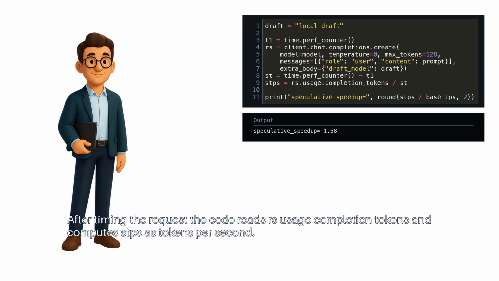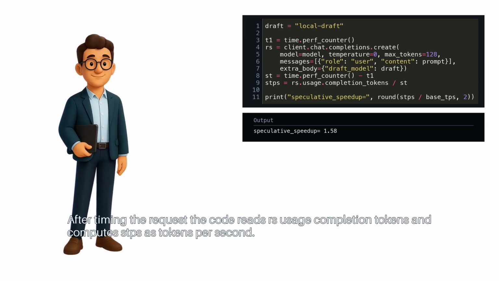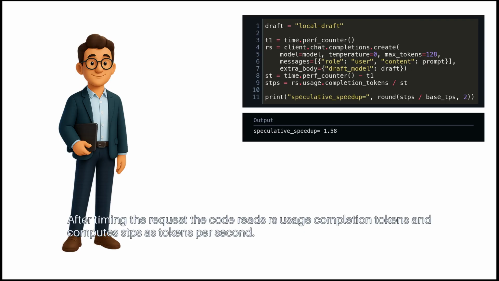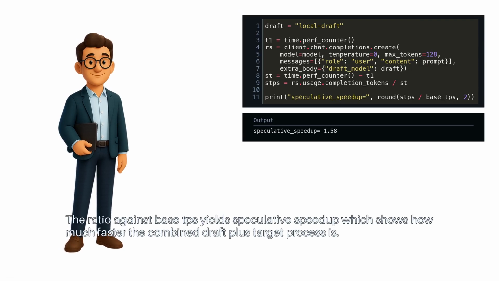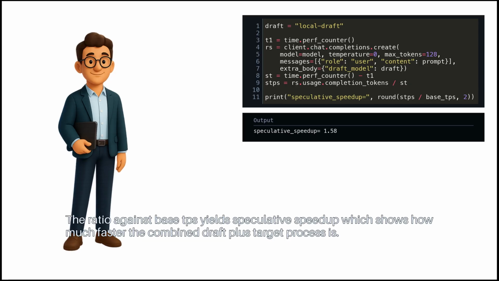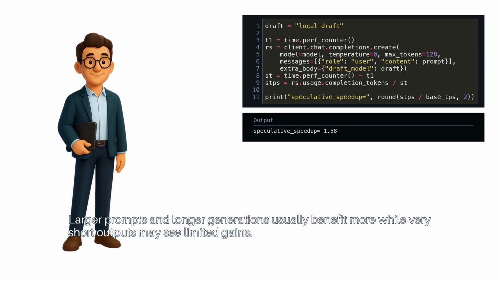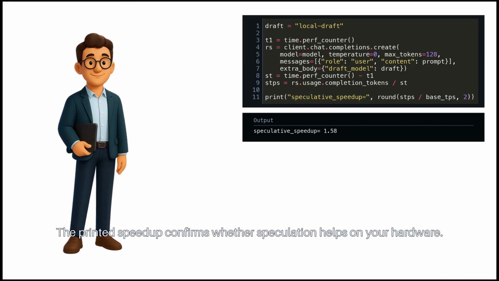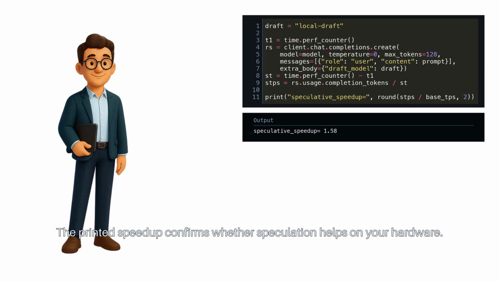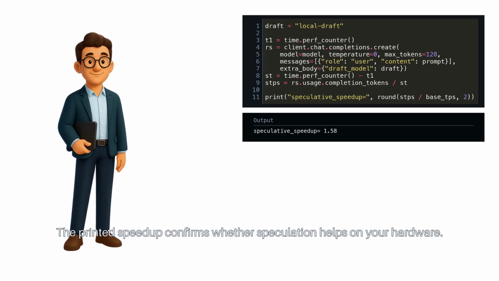After timing the request, the code reads RS usage completion tokens and computes STPS as tokens per second. The ratio against base TPS yields speculative speedup, which shows how much faster the combined draft plus target process is. Larger prompts and longer generations usually benefit more, while very short outputs may see limited gains. The printed speedup confirms whether speculation helps on your hardware.